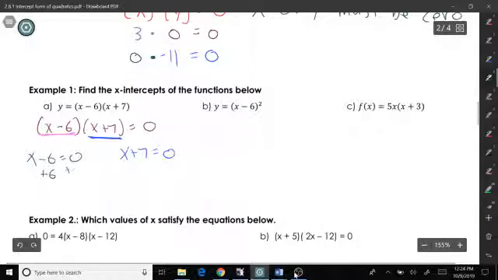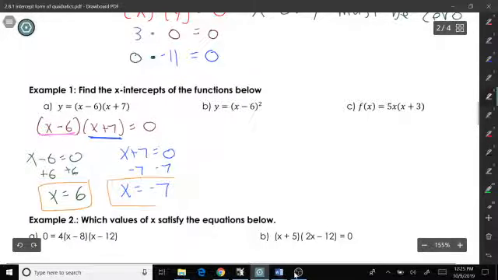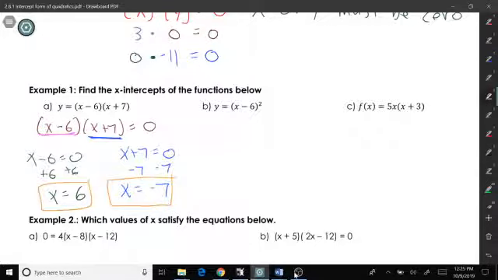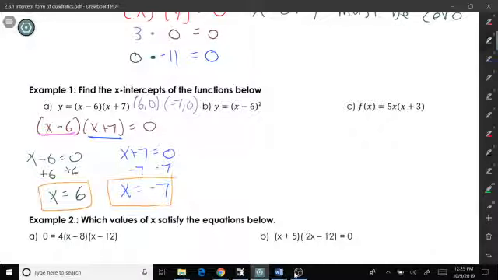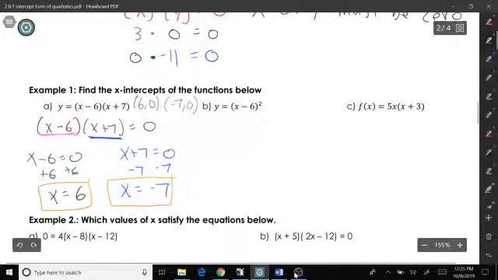So we add 6, so x equals 6, and subtract 7, x equals negative 7. So these are my two solutions, x equals 6, x equals negative 7, and remember to write it as intercepts. We're going to write 6 comma 0 and negative 7 comma 0. So I set each part equal to 0.